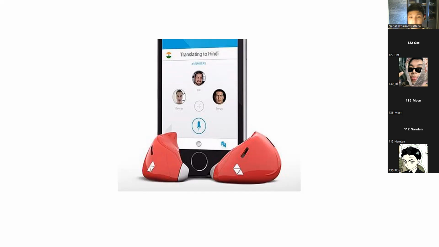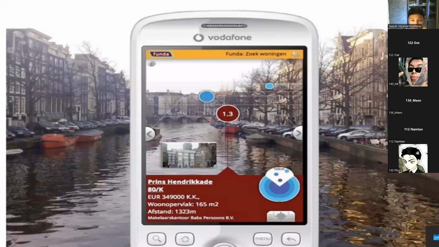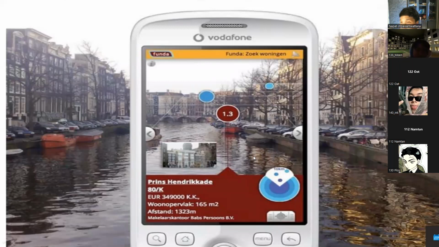Now, the third one, I'm going to let you guess. Can you tell me what this is? We have studied this in the course, so can you tell me what this technology is? We have already studied about this one in this course. Identify places.